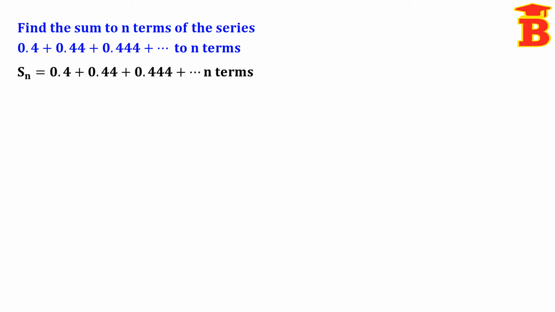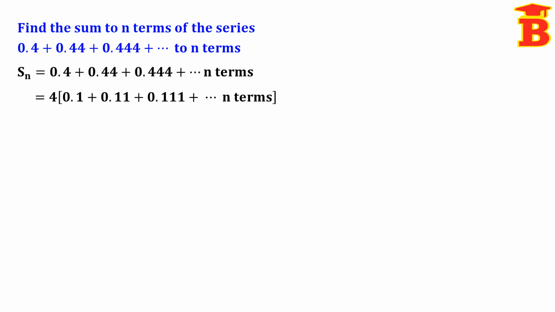The given is not in GP, so we cannot use the formula directly. We have to simplify this. First take 4 common outside. We get 4 into 0.1 plus 0.11 plus 0.111 plus etc. up to n terms.